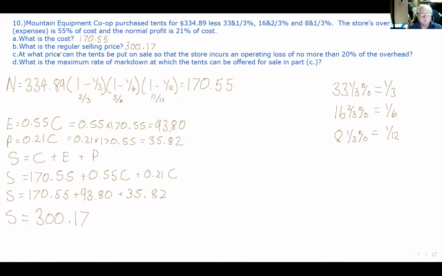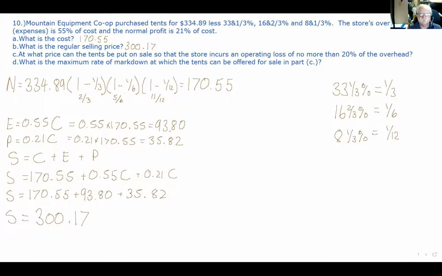So at what price can the tents be put on sale so that the store incurs an absolute loss, or an operating loss, of no more than 20% of the overhead?